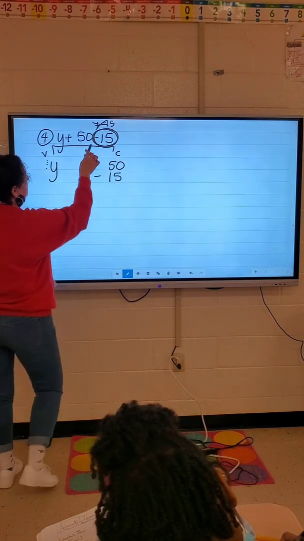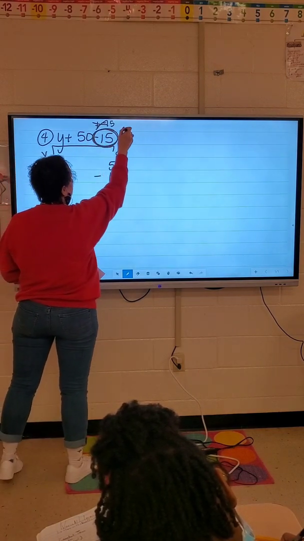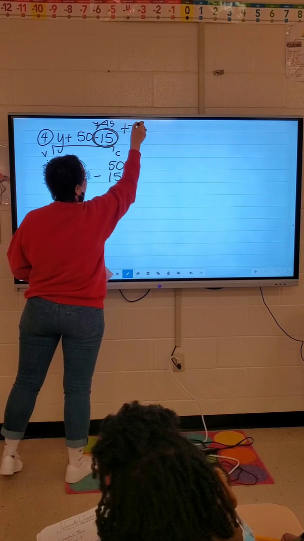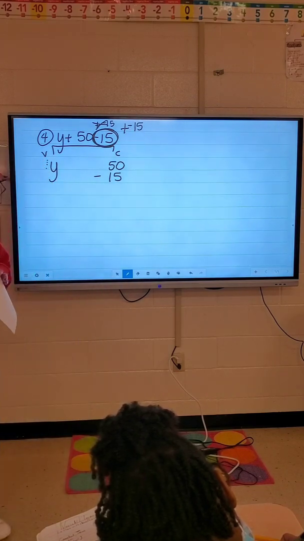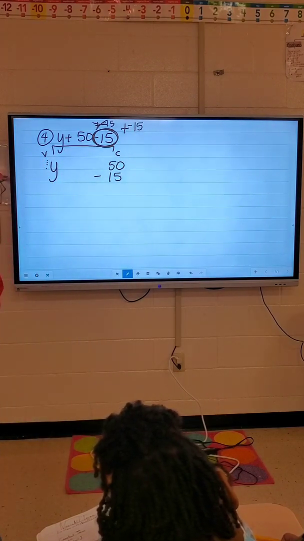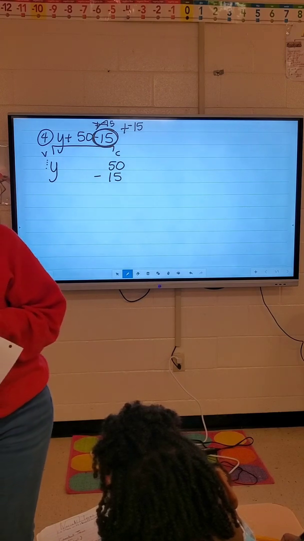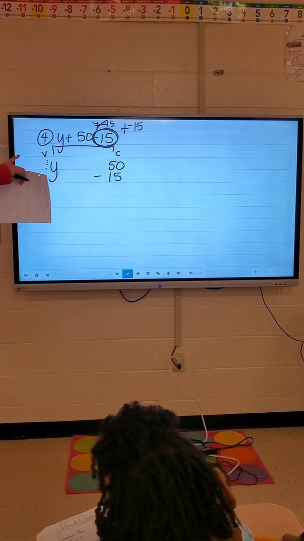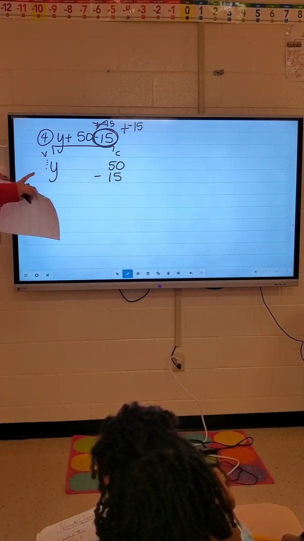This minus 15 is really plus a negative 15. You remember when we had to write everything, KCO? That's what we're doing, but we're doing it in our head now. We're not doing it on paper.